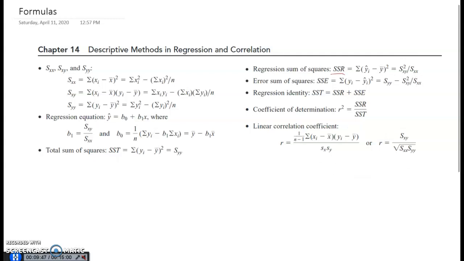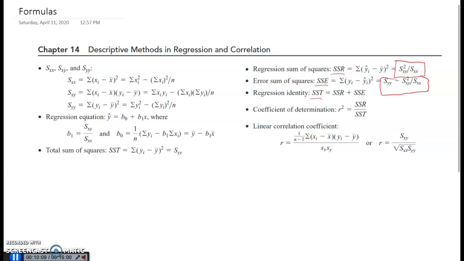Here you can see our SSR, SSE, SST, and right next to them are the defining formulas, but I would like to use these computing formulas. Since we already have these values, it's going to make it much easier.